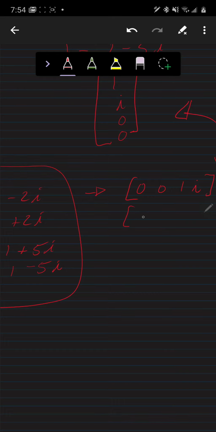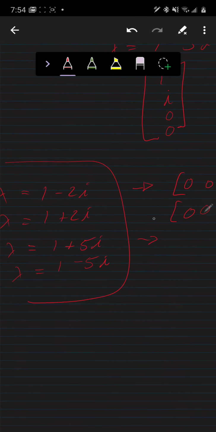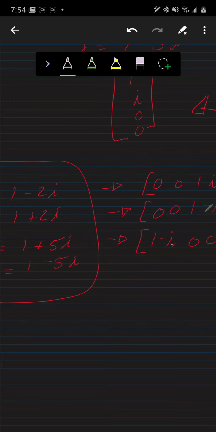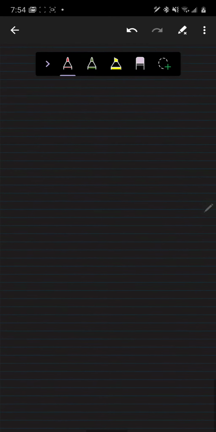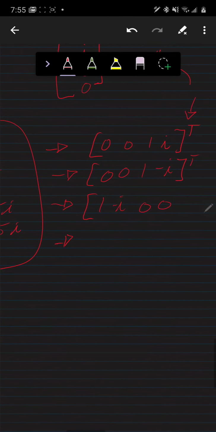Then for this one, it's going to be 0, 0, 1, negative i, transpose. And then for this one, it's going to be 1, i, 0, 0. This is negative, sorry, negative i. And then the last one, which is 1 minus 5i, is going to be 1, i, 0, 0, and this is going to be transpose.